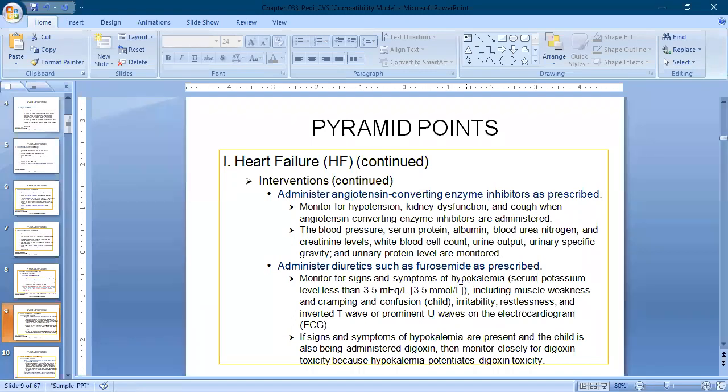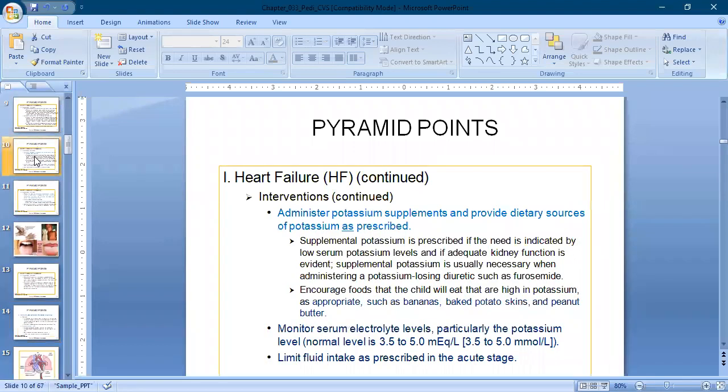So basically, diuretics eliminate the excess fluid and sodium, right? So here, administer the potassium supplement and also provide dietary sources of potassium as prescribed.